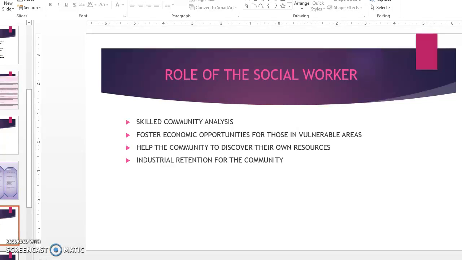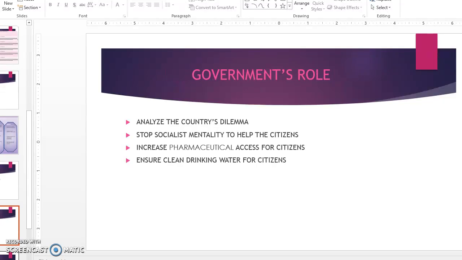The role of the social worker is to skill community analyses, foster economic opportunities for those in vulnerable areas, help the community to discover their own resources, and industrial retention for the community itself. While the government role is to analyze the country's dilemma, stop socialist mentality to help the citizens, increase the pharmaceutical access for citizens.